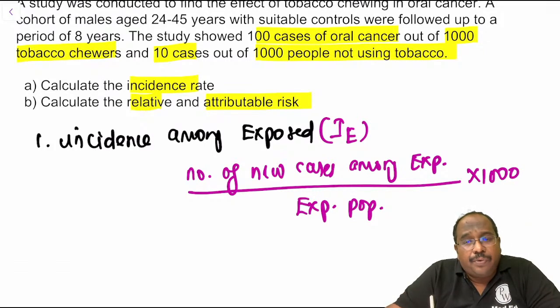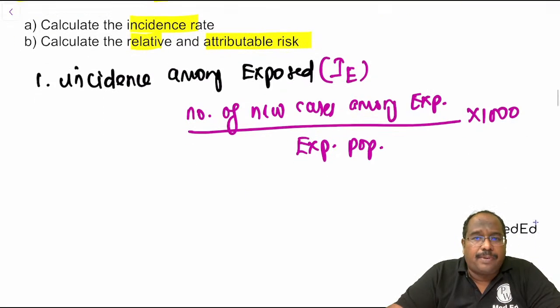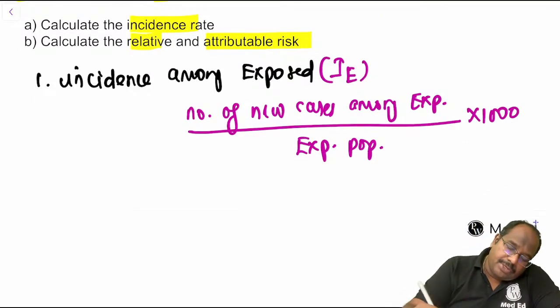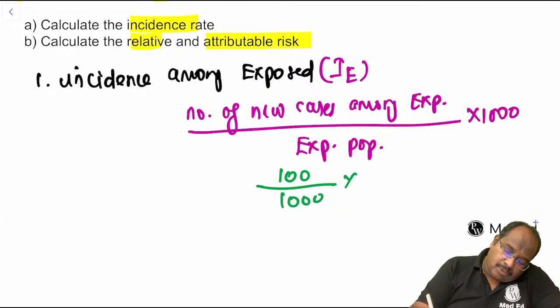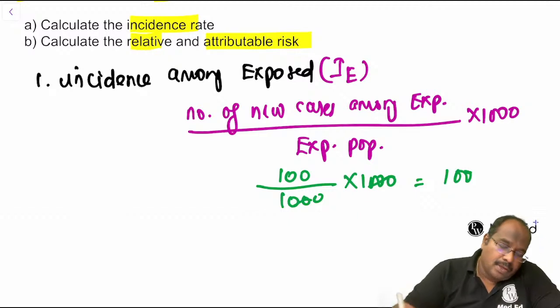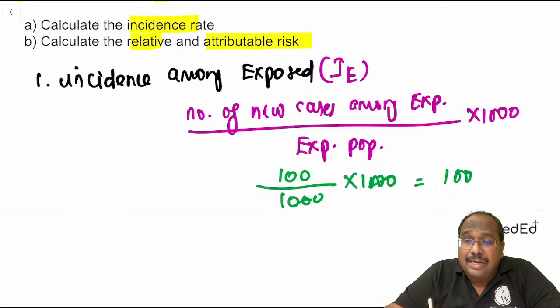Always write the formula, don't do the calculation directly. So new cases are 100 by 1000 multiplied by 1000, which is 100. Incidence among exposed is 100 per 1000.